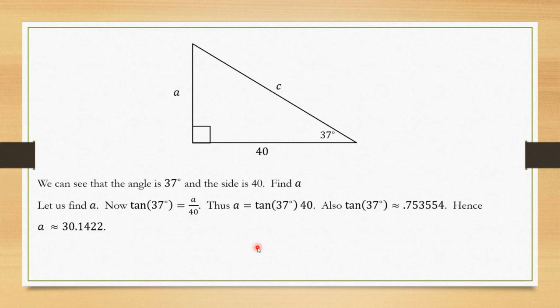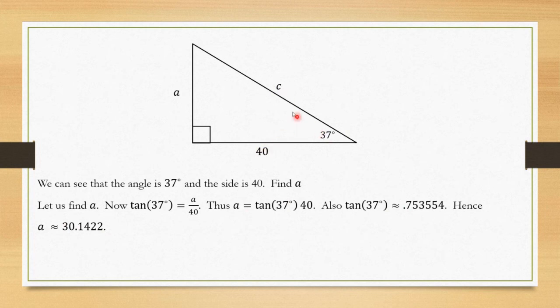Now, without using A, we're going to find C. So we can't use Pythagorean's theorem, right? But what can we do to get C? Well, here's our angle. 40 is still the adjacent side. C is the hypotenuse.